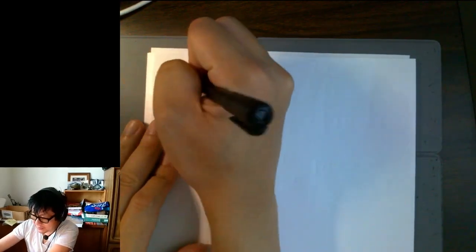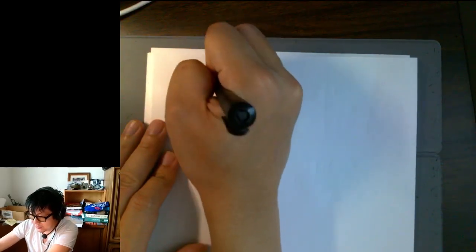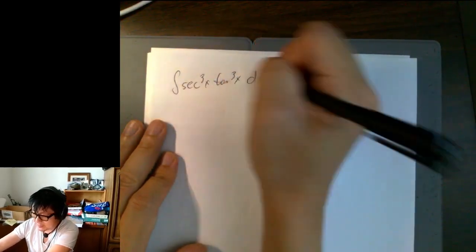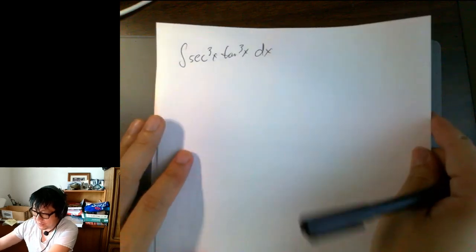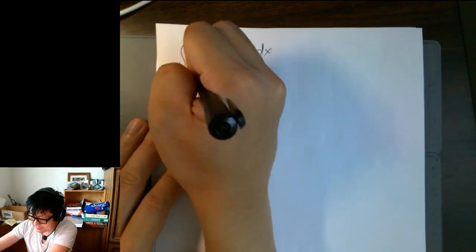So let's say I have secant cubed x tan cubed x dx. So it says save a secant and tangent.